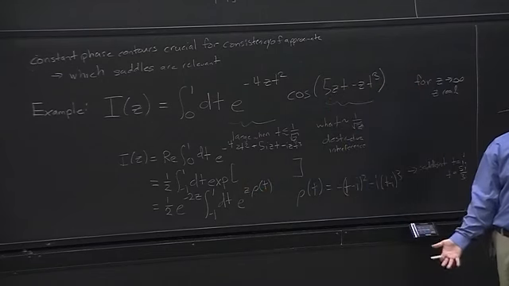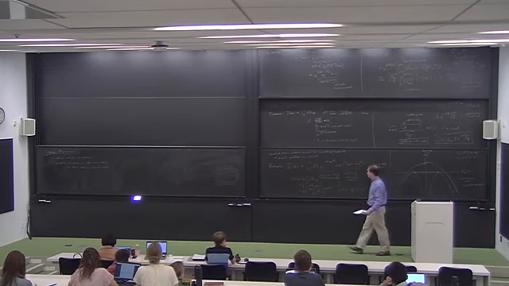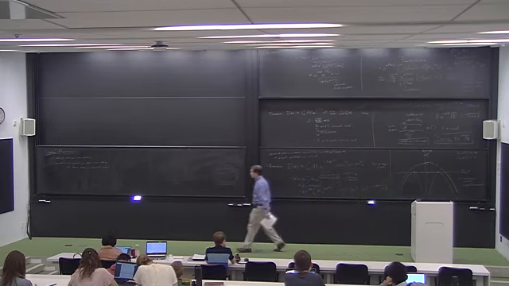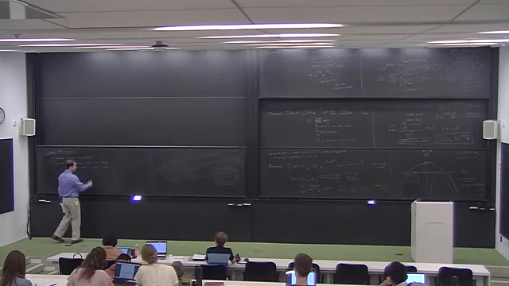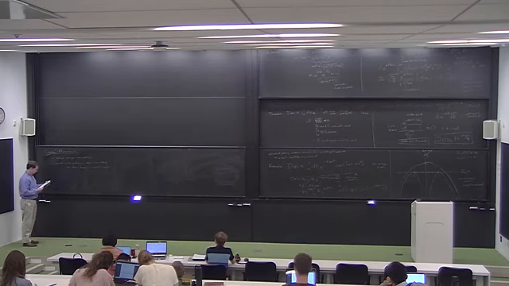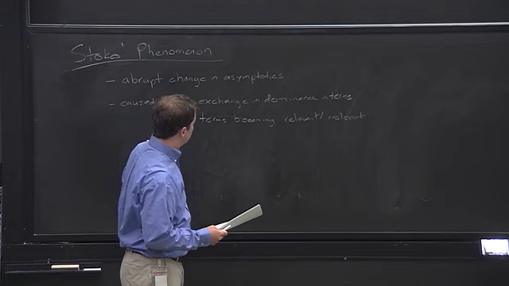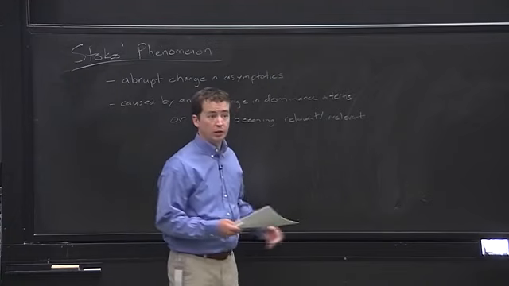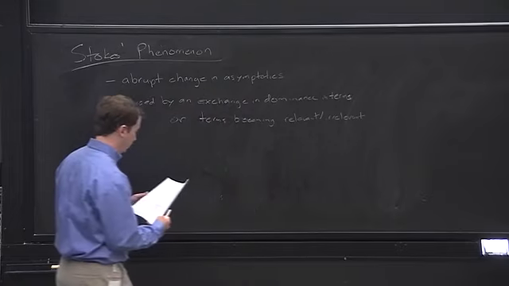And what can happen is that saddle points can jump onto or off of the contours. So that's what I mean here by terms becoming relevant or irrelevant to the integral. We can have saddle points that jump onto or off of our contours as we change the phase of z.